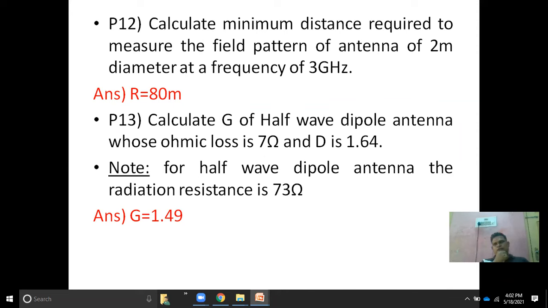If you know the frequency, you can easily find the wavelength.